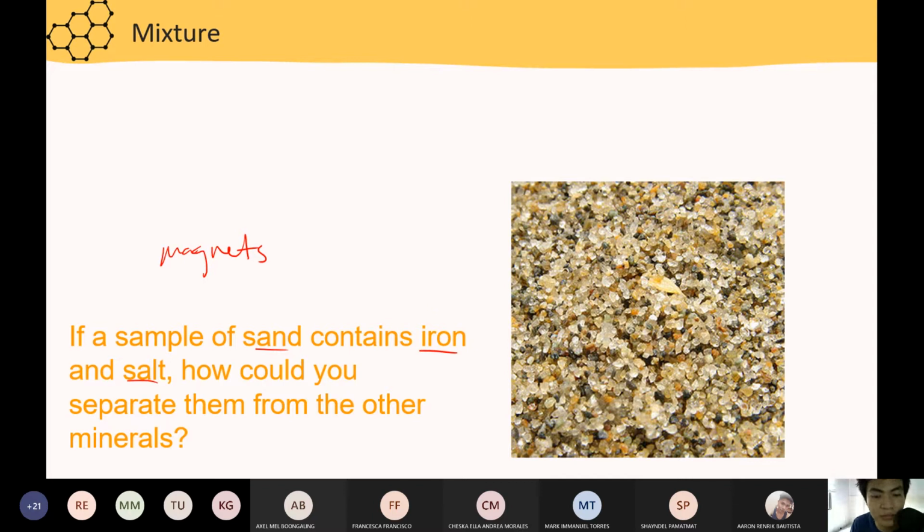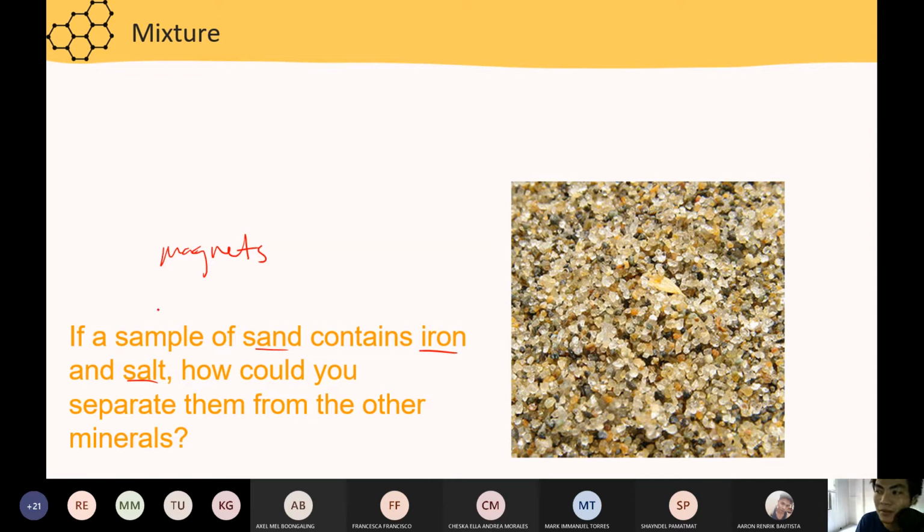We know that the physical property of iron is that it is magnetic. So you just use a magnet. Don't pick them out by hand one by one, because that will take a lot of time. If you're a FEU student, you don't have time. So you need to use a magnet, so that the iron will be separated from the mixture.